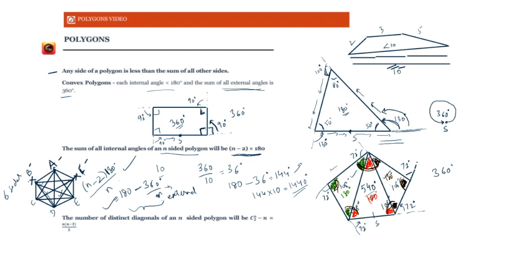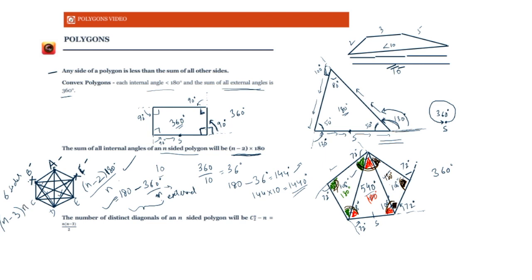So out of the n vertices, it can make a diagonal with n minus 3 vertices, right? This will be the case for all the vertices. B can make a diagonal with n minus 3 vertices. It cannot make a diagonal with A, B, and C, but it can with the others. Same for C, D, E, and F. So the number of diagonals will be n minus 3 into n.